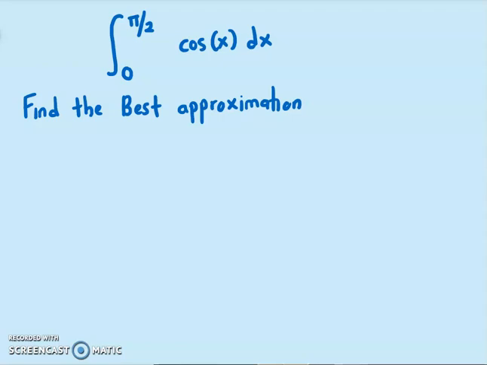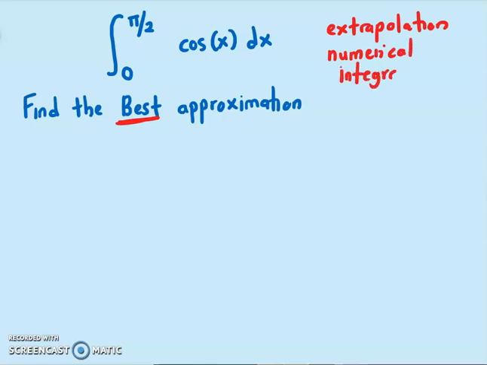Okay, so how do we know actually what formula to use? The key point here is "best". Best here refers to extrapolation. Now extrapolation, if you apply it to numerical integration, you call it, does anybody know?